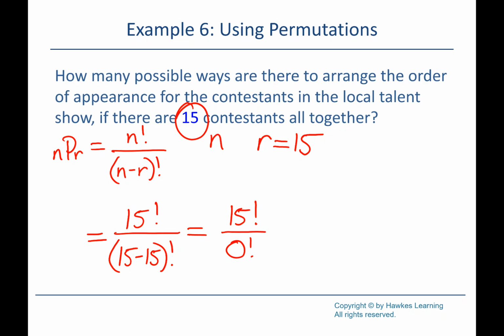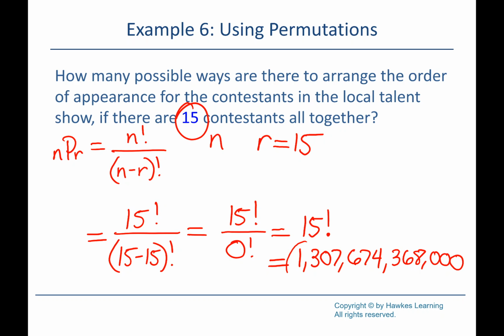Remember, 0 factorial is just 1. So we really just have 15 factorial. And that's a huge number my calculator won't give me, so I'll just write it down for you. 1,307,674,368,000 different possible orders.